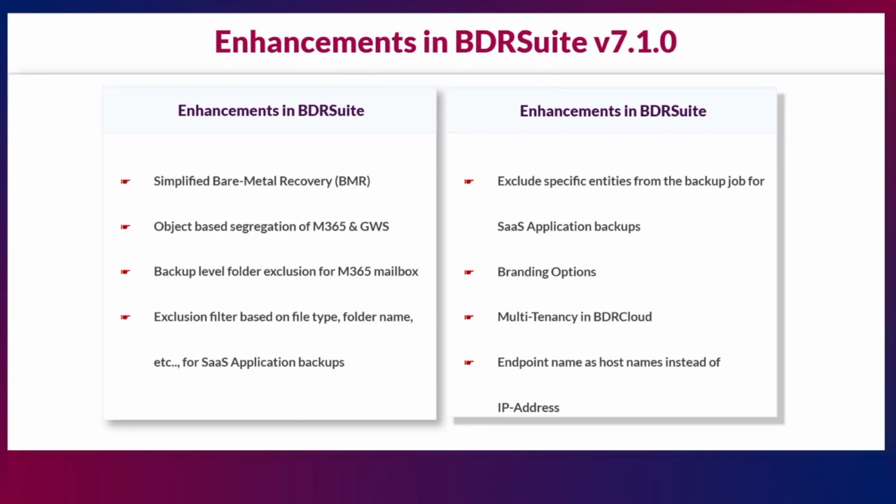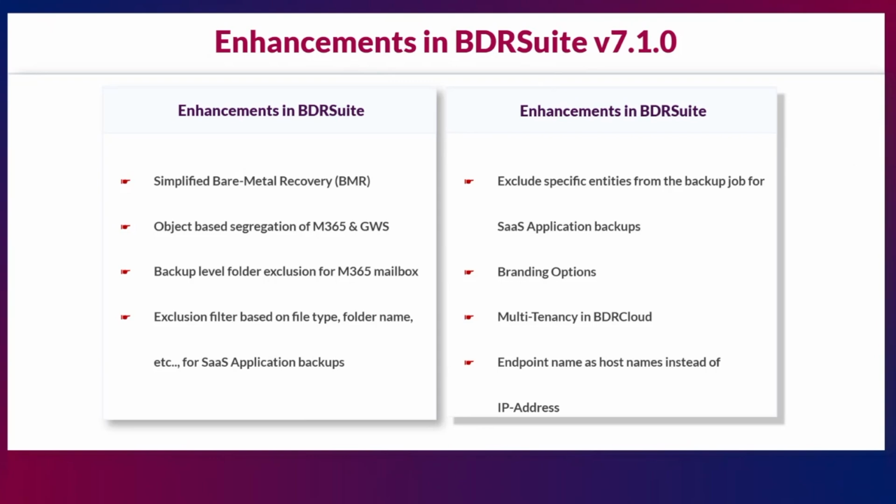Then you have the folder exclusion in the Microsoft 365 mailbox. So you can exclude any particular folder while you're configuring a backup from your Microsoft 365 mailbox. That is mostly towards OneDrive and so on. And the next is again a filtration option that we have. You can filter based on your file type, folder name, etc. for all your SaaS application backup.